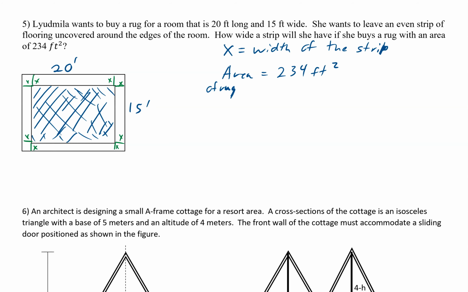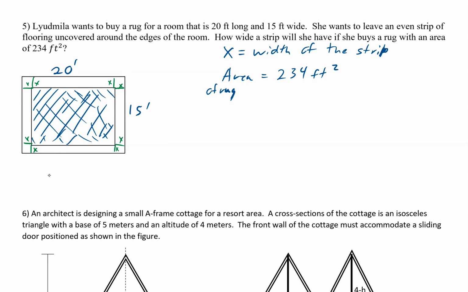So anytime you see this situation going on, you know that this has to be 20, take away 2 x's. And this over here would have to be 15, take away 2 x's. Because that's 20, and we're going to have a strip here that's x and a strip here that's x. So these have to add up to 20. And these have to add up to 15.